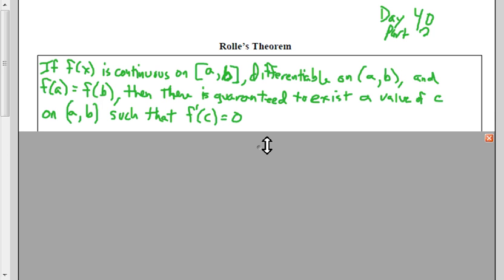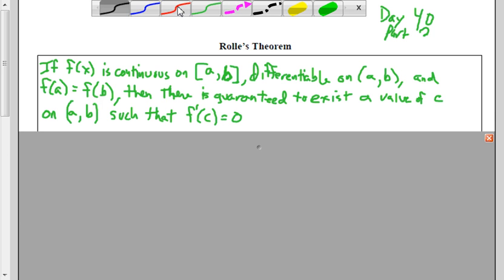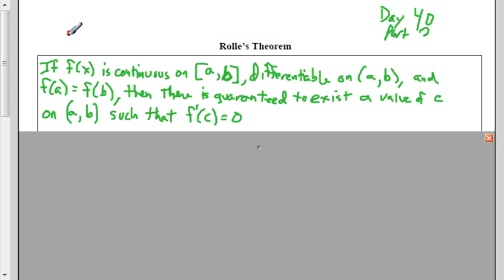Let me give you a quick little sketch of what that means. If I have one endpoint equal to 6 and the other endpoint equal to 6, no matter what I do, there has to be at least one value where that derivative is going to equal 0. It has to be continuous and has to be differentiable everywhere.